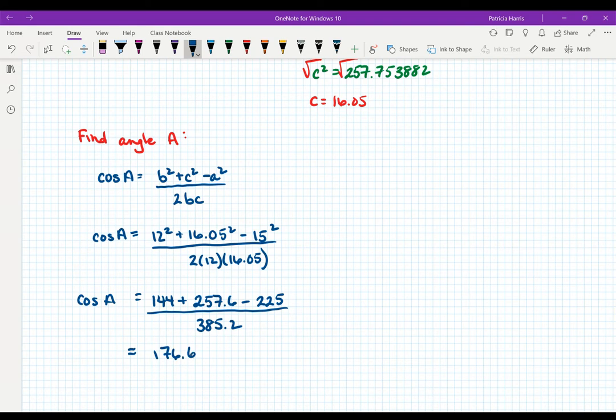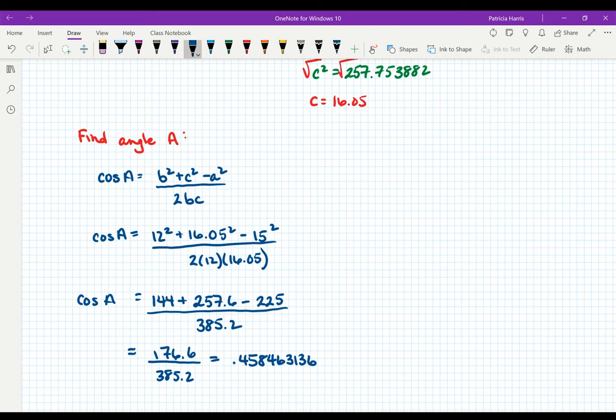Okay. And then I'm going to divide that. I get 0.4585 with rounding. Okay, now I'm going to write out everything my calculator kicks out.